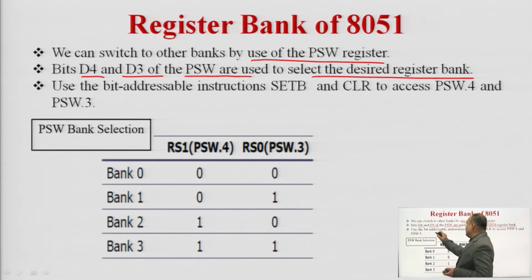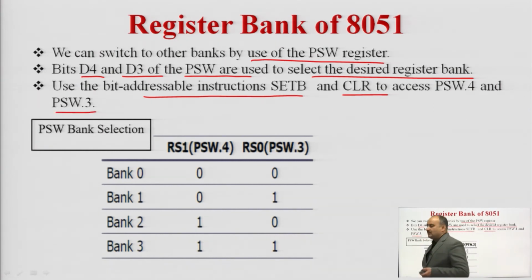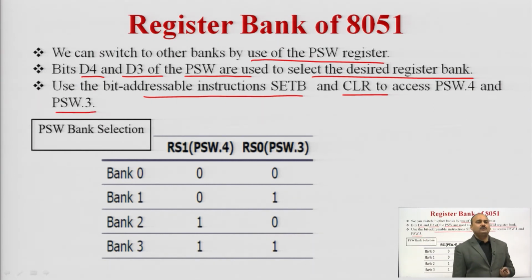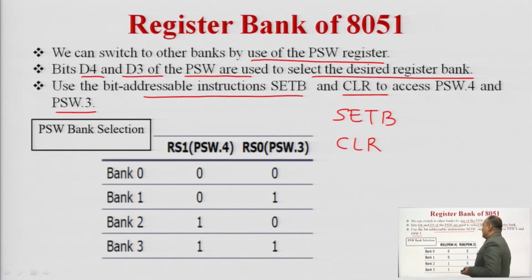Use the bit addressable instructions, that is SETB and CLR, to access PSW.4 and PSW.3. So, in the 8051 microcontroller we have two important instructions, SETB and CLR, and these are bit addressable instructions.